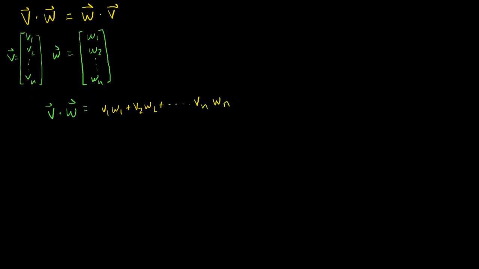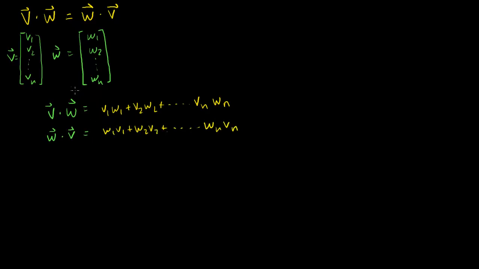Now what does w dot v equal? Well, w dot v, when I made the definition, you just multiply the products, but I'll just do it in the order that they gave it to us. So it equals w1 v1 plus w2 v2 plus all the way to wn vn.